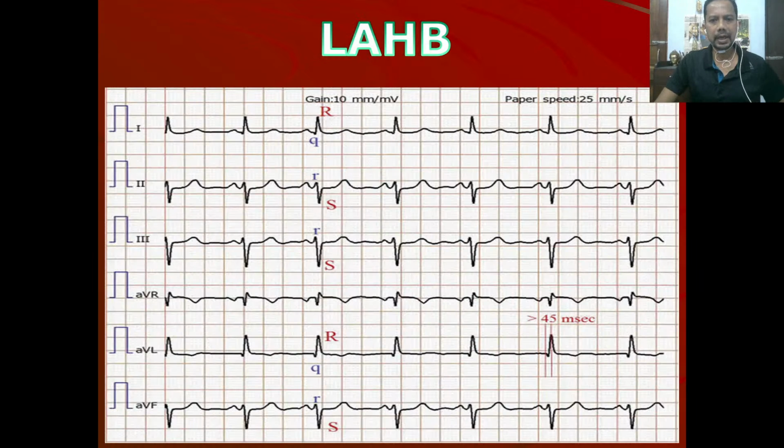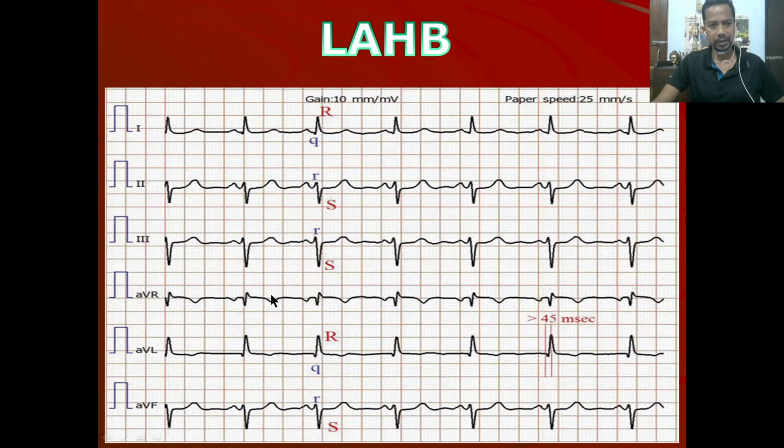Now this is again LAHB. Lead 1 is positive and AVF is negative. QRS is slightly broad, and look at V5, V6. Where is V5, V6? They haven't shown V5, V6, but you can make a guess, like there is a tall R in V1, and AVF is negative.